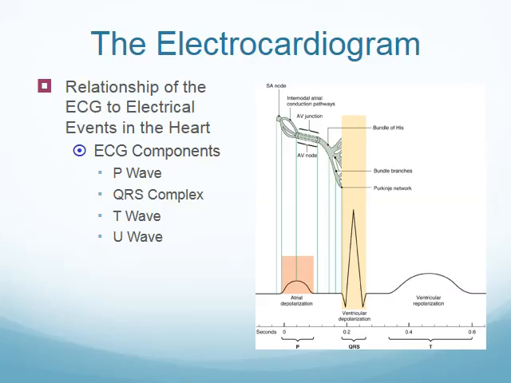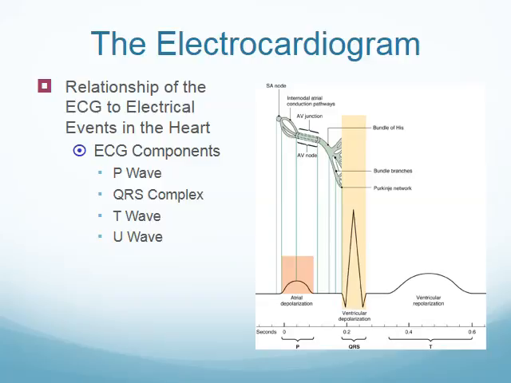Okay, so here's a good picture of the relationship of the EKG to the electrical events going on in the heart. We're going to talk individually about each of the waves that occur and the segments that occur, and get into details on those. But this is just a generalized picture of what we're looking at.